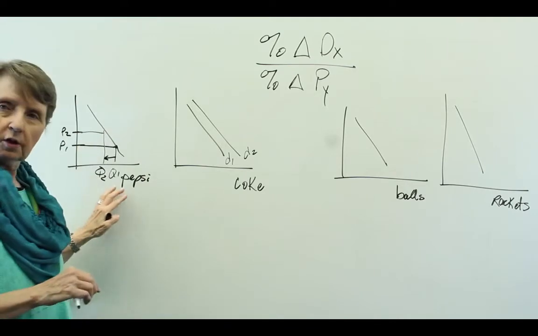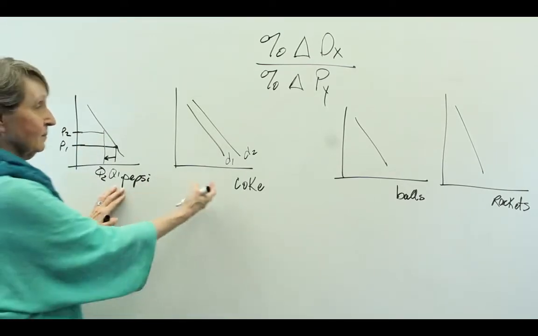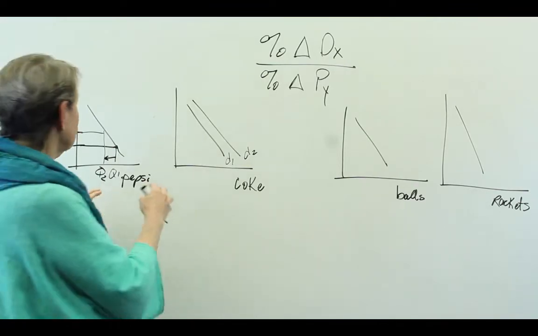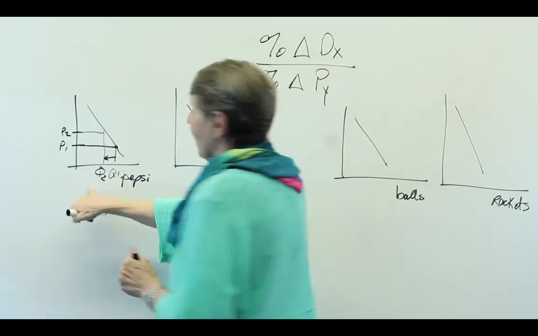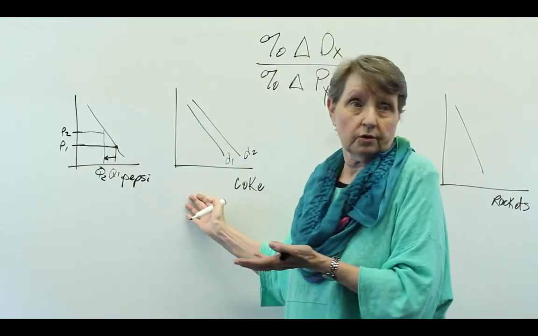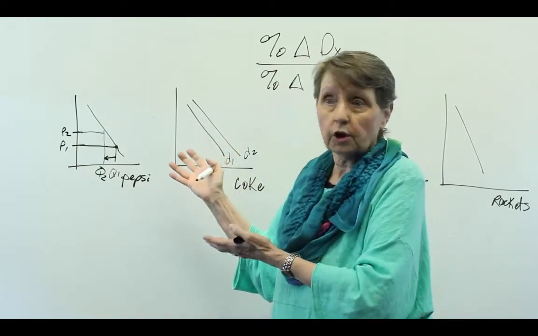Now, when Pepsi goes up to $1, they're the same price. The relative price is now the same. And so there were people who would buy Pepsi when it cost half as much as Coke, but now that it's going to cost as much as Coke, they're going to switch to Coke.